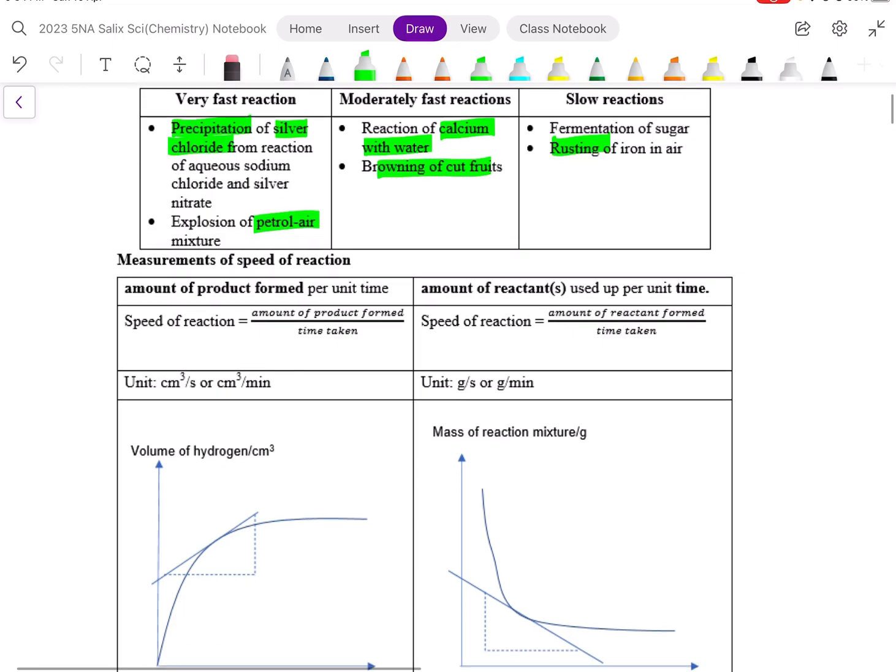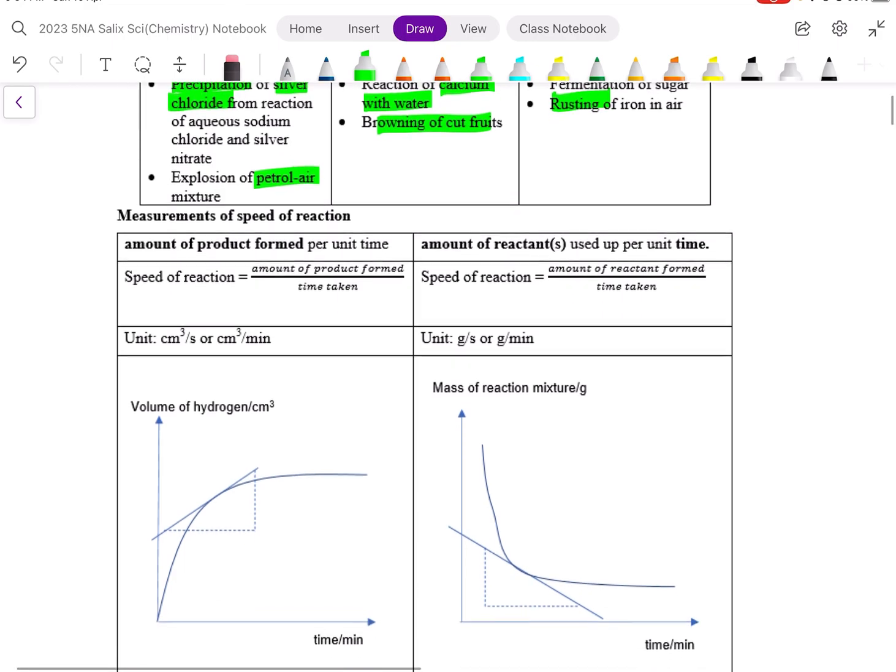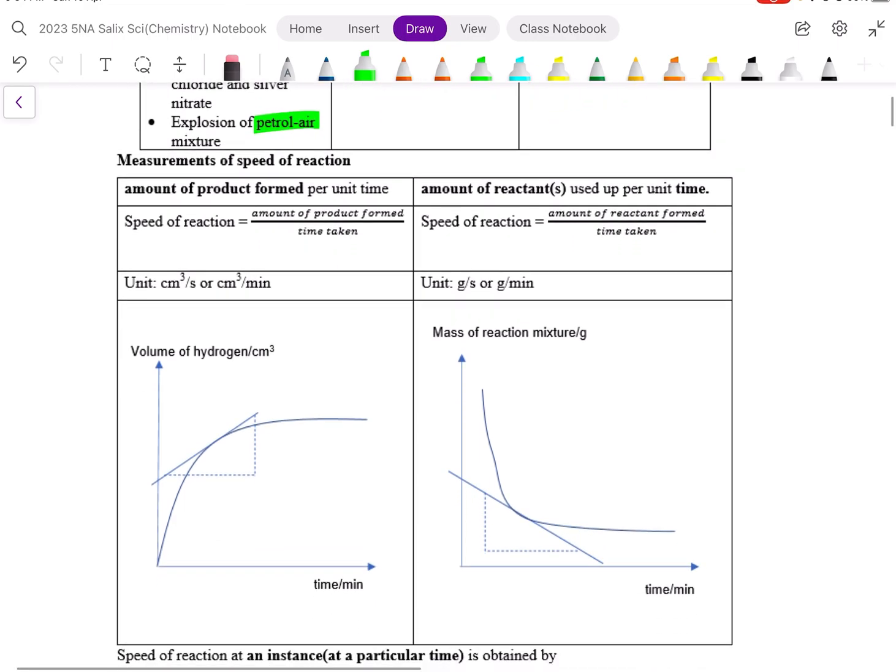All right, so the first important thing here that we'd like to look at is how do you measure the speeds of reaction. There's two ways you can measure the speed of reaction.